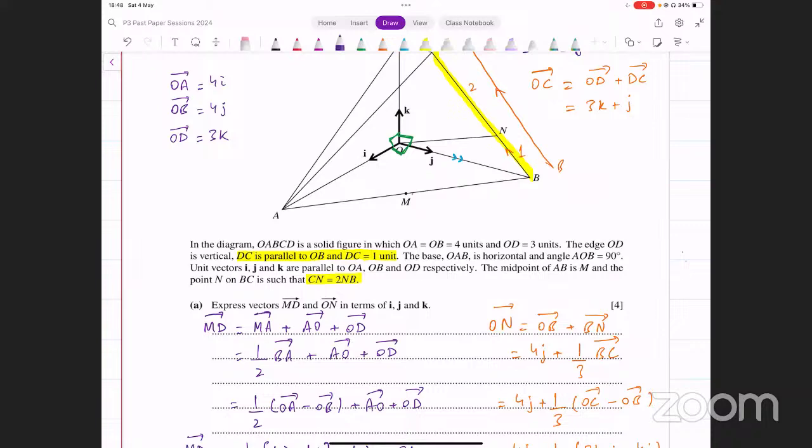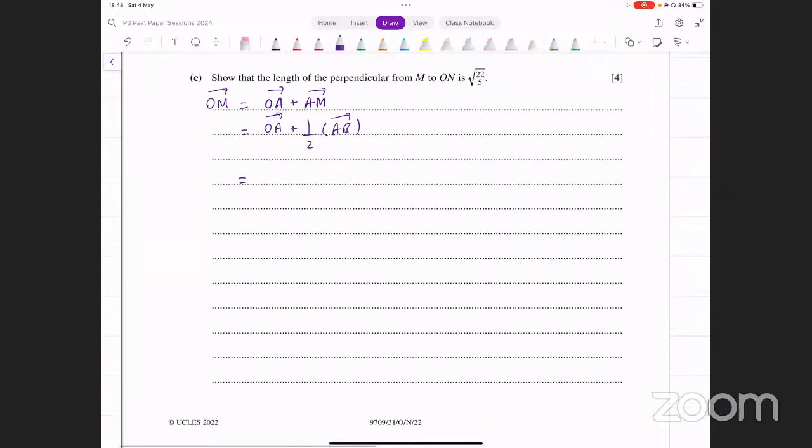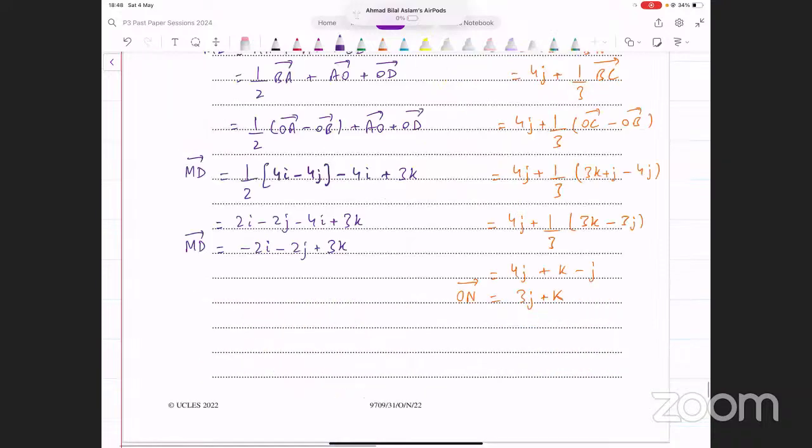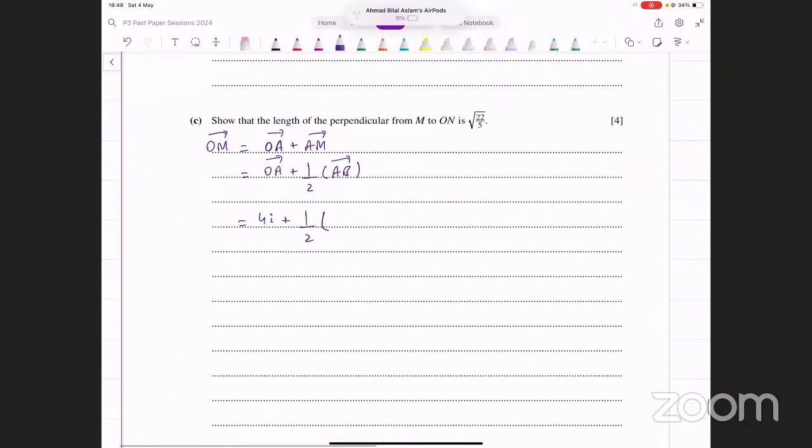I'll also show you that way. OA is 4i. And then AB is OB minus OA. OB is 4j minus 4i. That's going to give you the result. It becomes 2i plus 2j. That's what OM turns out to be.